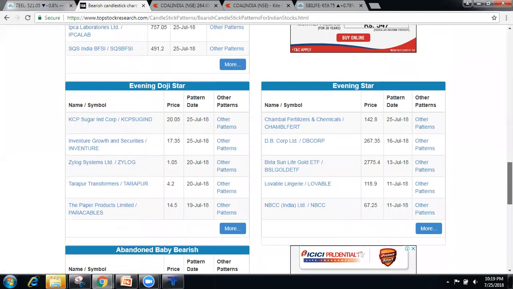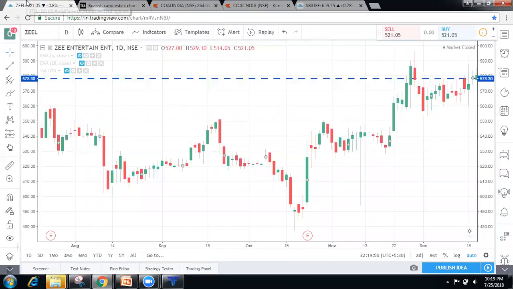Evening doji stars, today's 25th. Nothing is coming. No F&O stock is there. It's all penny stocks. So nothing is there in this.